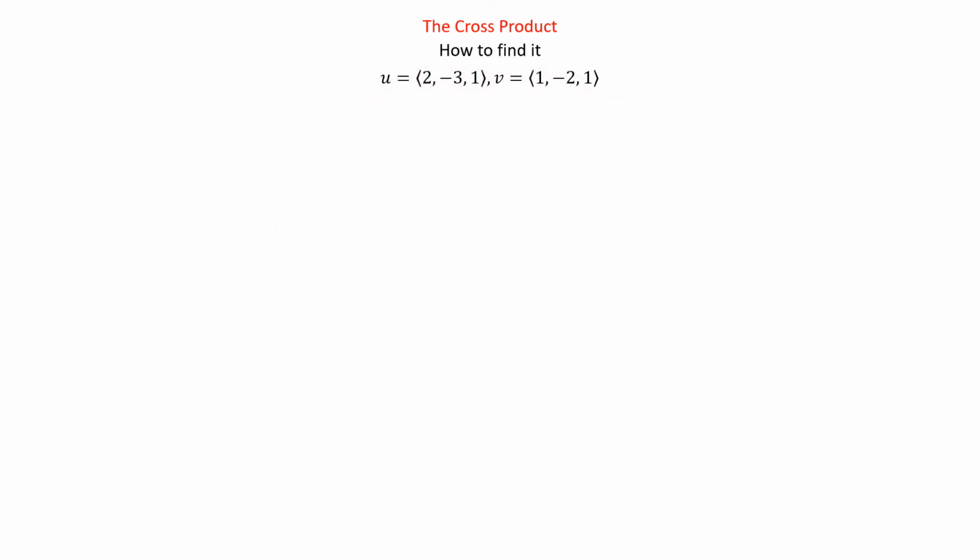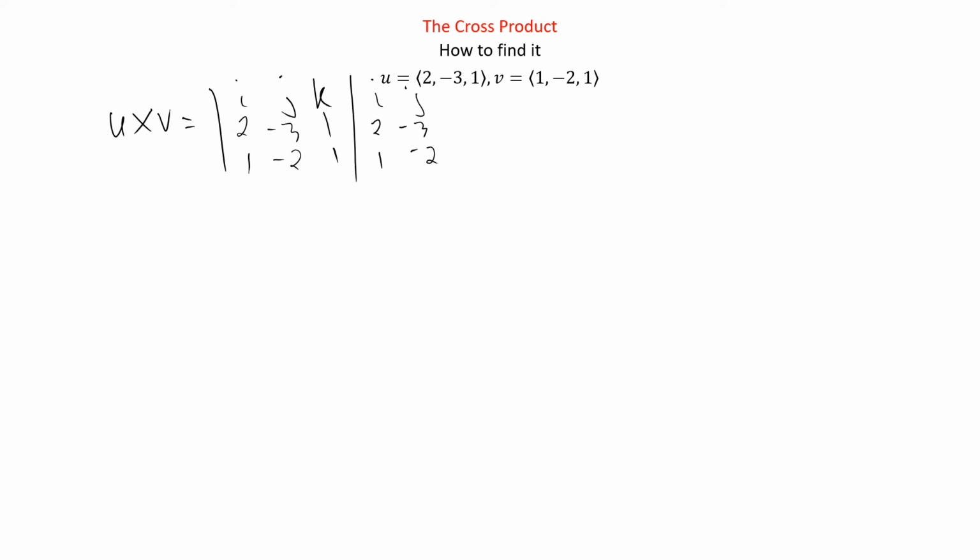So how was that? So let's try this out. We have u cross v is going to be the determinant of i, j, k. Then we have 2, negative 3, 1, 1, negative 2, 1. Then we'll expand it. i, 2, 1, j, negative 3, negative 2.